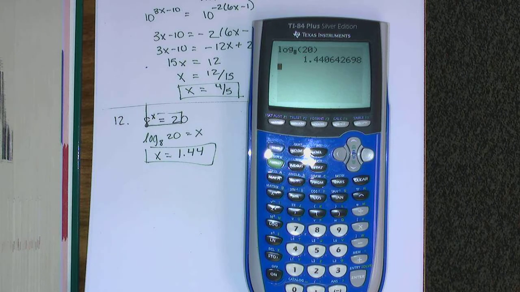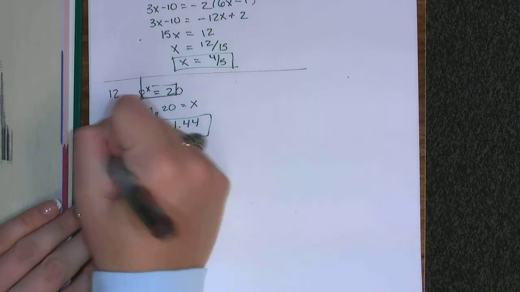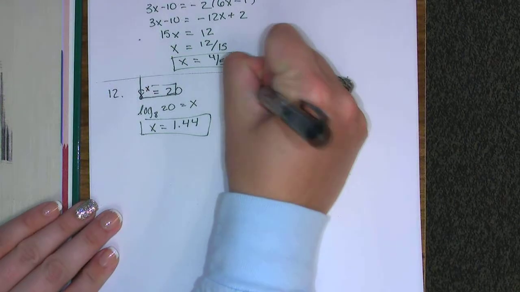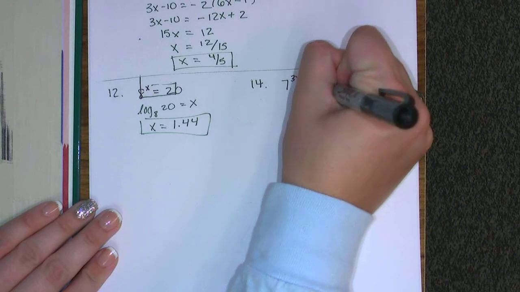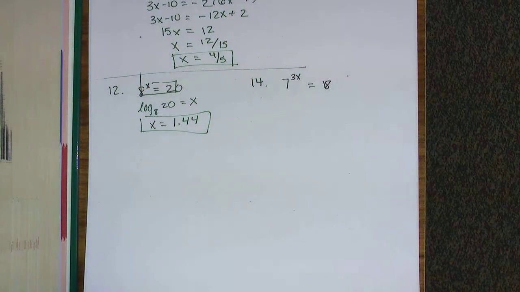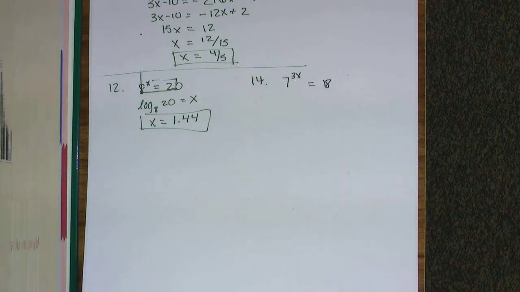So let's try 14. Maybe this would be a good time, when I put up the problem, to pause the video and see if you can work it. 14 here: 7 to the 3x is equal to 18. So I would say pause it and see if you can follow this step.